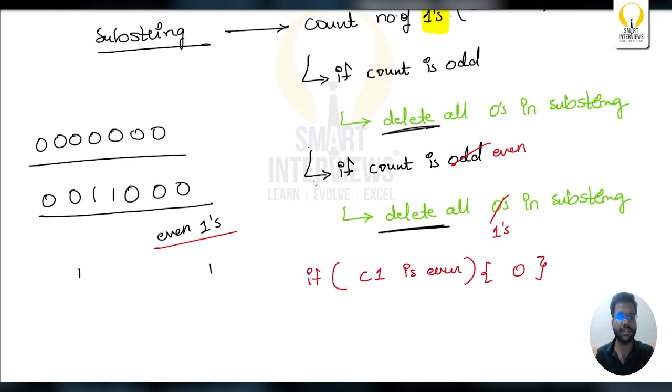So I'll delete this. Now you are left with a single one. Now can you delete one if the count of one is odd? No. So what is the minimum possible length of the string? It is 1.